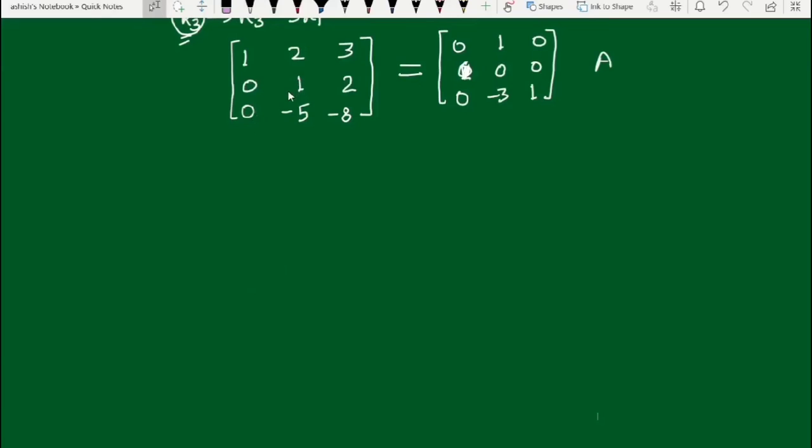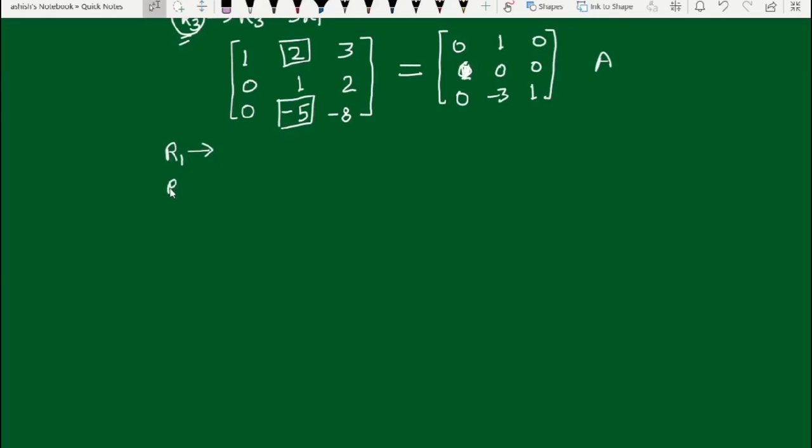Further, we make this and this 0. First we make this and this 0, second make this and this 0, in last we make this and this 0. Okay, this is very easy.